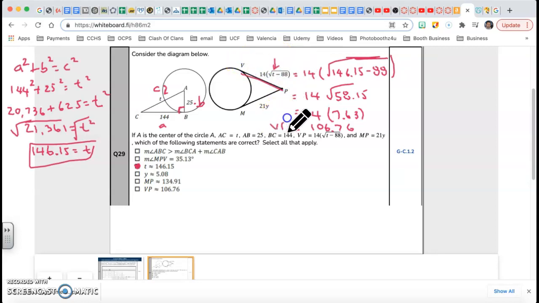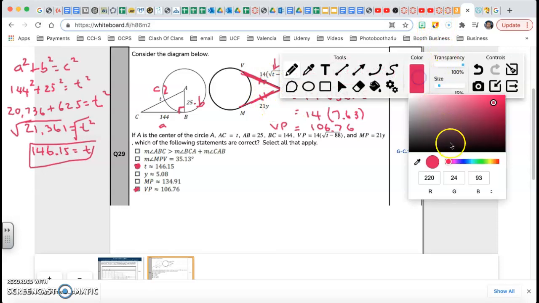So that's this value, which is from B to P. That's BP, 106.76. So there you go, I have that over here. Second answer. Now, when I have a point on the outside tangent to a circle, these two lines are congruent to each other. Why am I saying that? Because this value is BP, which is 106.76, but this value is 21y, and both of them are equal.